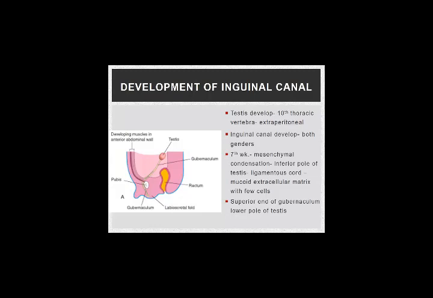And I hope you appreciate one thing, that this developing testis is lying outside the peritoneum because ये coelomic epithelium जिसकी proliferation से ये develop हुआ था, this coelomic epithelium is basically your peritoneum. Okay.